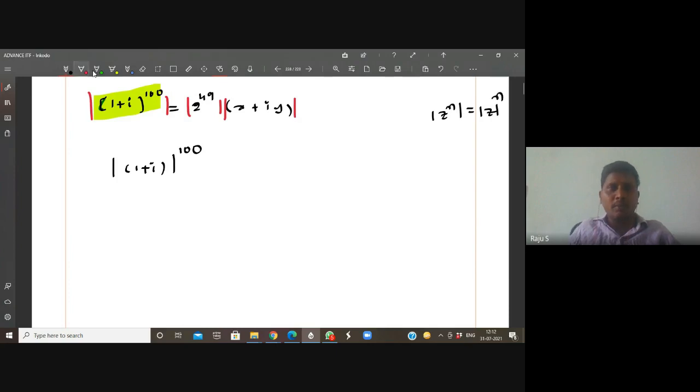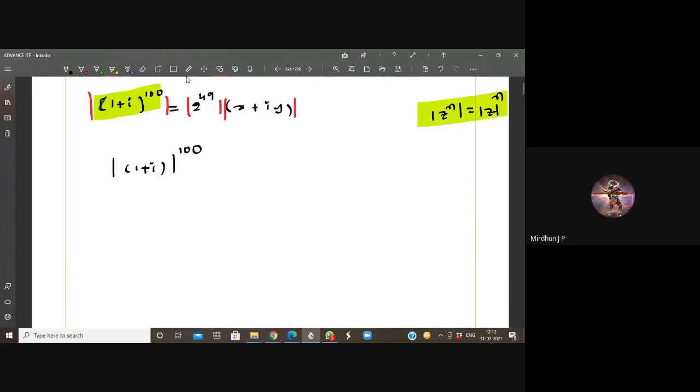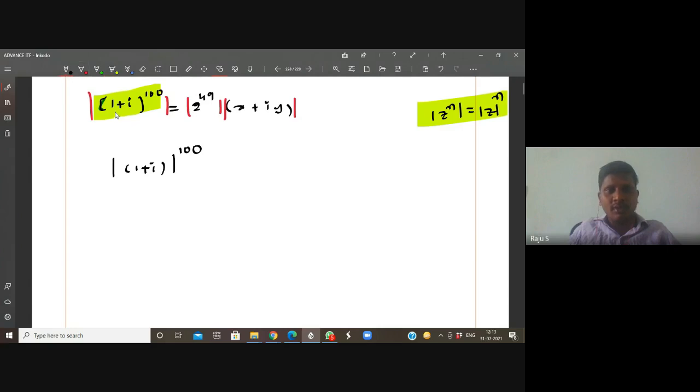This is one of the properties, students. With the help of this property, when I consider the given complex number as z, z power 100 can be written as modulus z whole power 100. That is equal to 2 power 49, a real number, which stays the same, times the square root of x square plus y square.